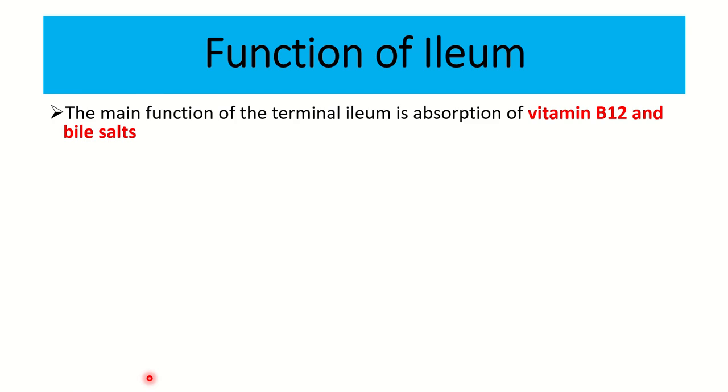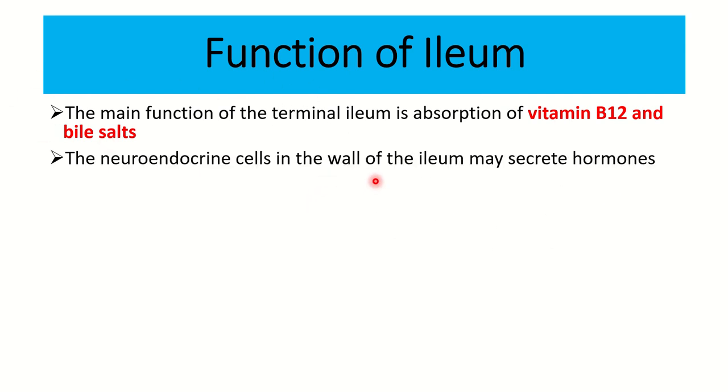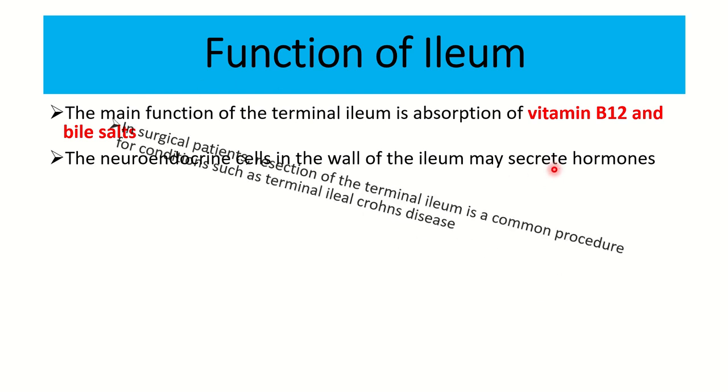in the other areas. The main function of the terminal ileum is absorption of vitamin B12 and bile salt. So when we resect the ileocecal junction or terminal ileum, the vitamin B12 absorption and bile salt absorption will be hampered. And in this condition, neuroendocrine cells of the ileum, which secrete hormones, will also be lost.